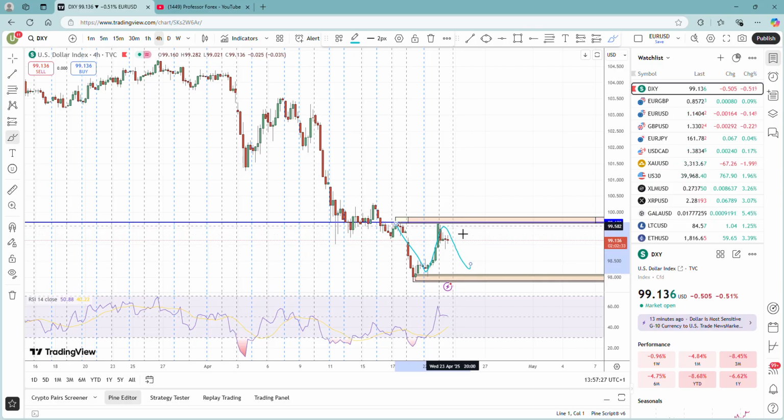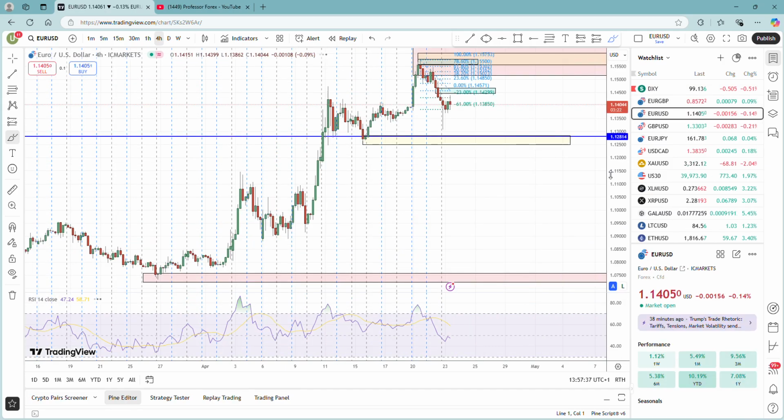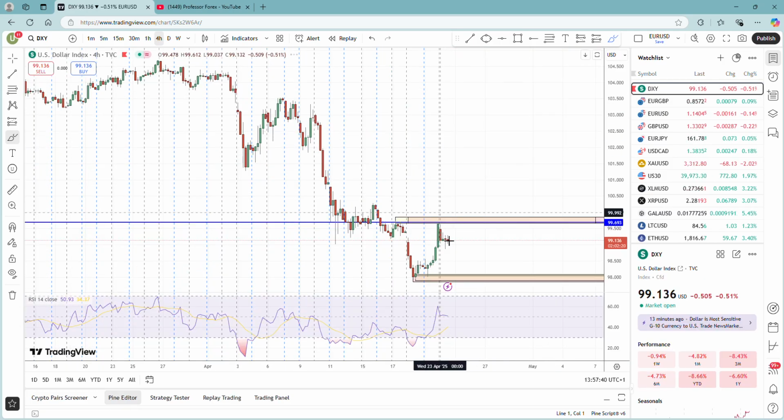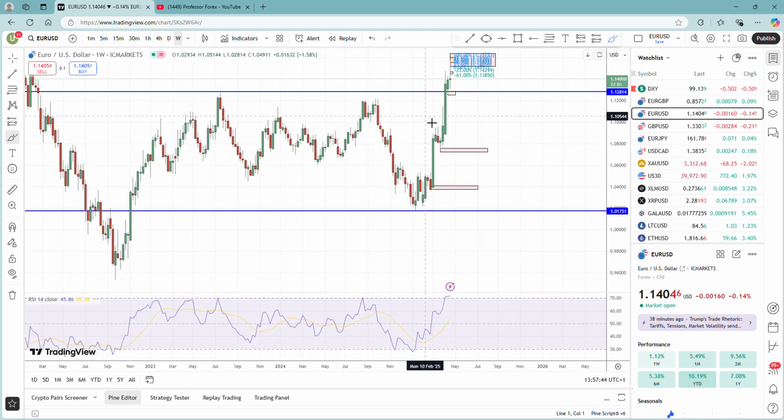So if DXY is going down, then EURUSD, GBPUSD is going up. So if we have a look at EURUSD, remember if DXY is going down, we'll expect EURUSD to go up. So if you start on the weekly, you can see here price at your weekly support, price at your weekly resistance.